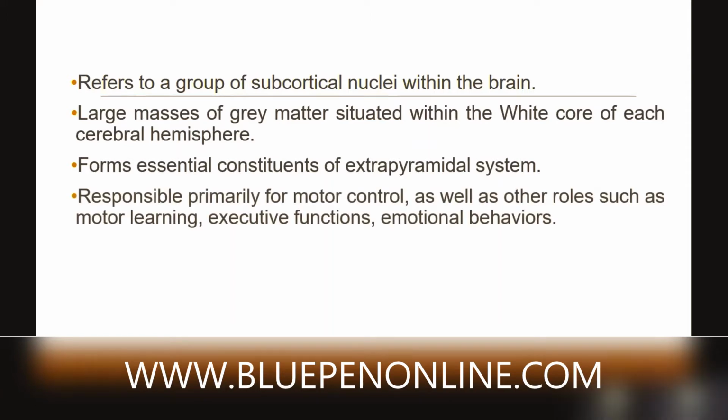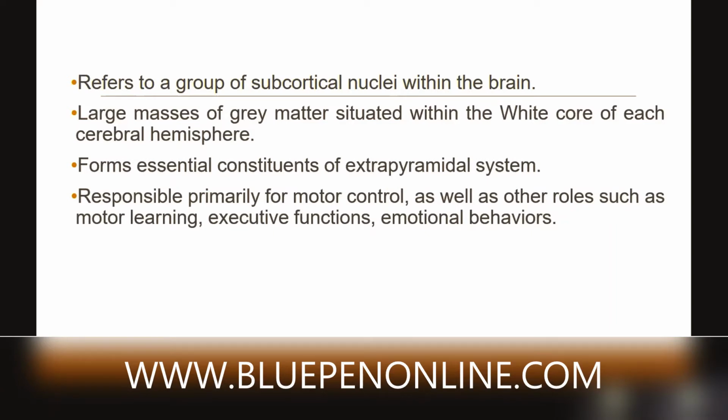It is responsible primarily for motor control as well as other roles such as motor learning, executive functions, emotional behaviors, etc. The main responsibility of the basal ganglia, along with the cerebellum, is control of the motor activities in our body. Whatever the motor activities, these two are the main parts that help in controlling the motor functions.